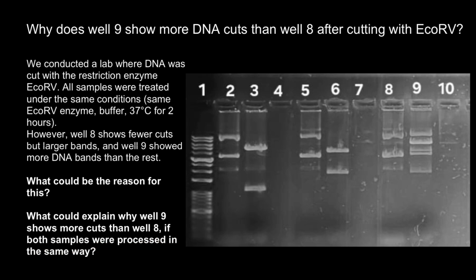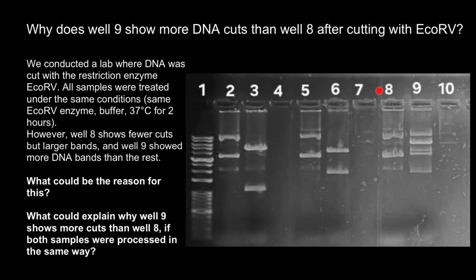The most probable and common explanation is that well 8 contained an inhibitor that significantly reduced EcoRV activity, leading to incomplete digestion, fewer cuts, and larger bands, while well 9 was free of such inhibitors, allowing this enzyme to cut efficiently and completely, which means more cuts, smaller and more numerous bands.